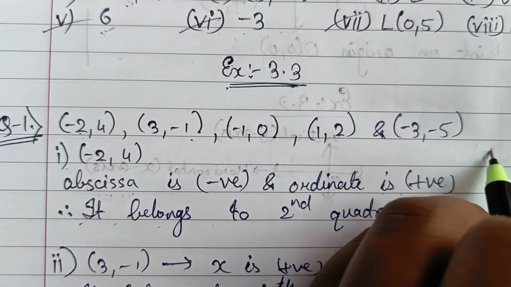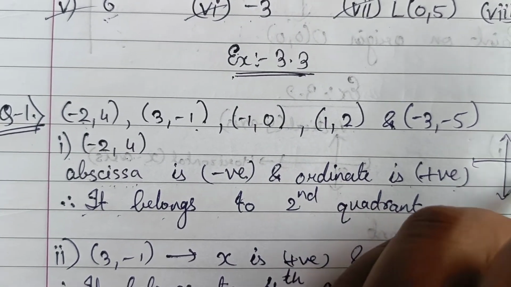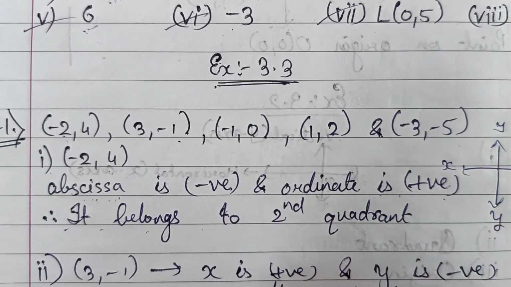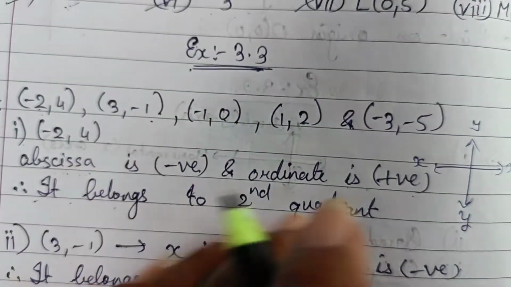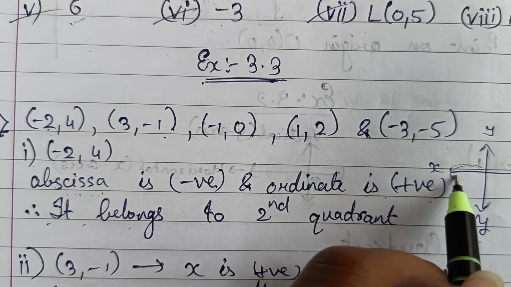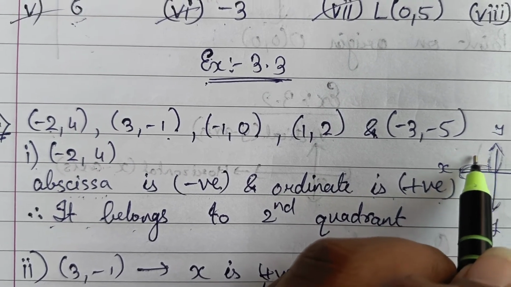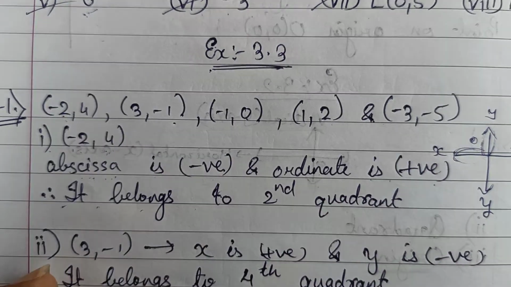Now I had drawn that quadrants for you. Here we are having x, y, here we are having negative x-axis, and here we are having negative y-axis. This way we are having our coordinates. Now see, you are having first -2, so -2 will be somewhere over here, and then you are having 4, so 4 will be somewhere over here. That means this -2, 4 lies in this quadrant, second quadrant it will be.